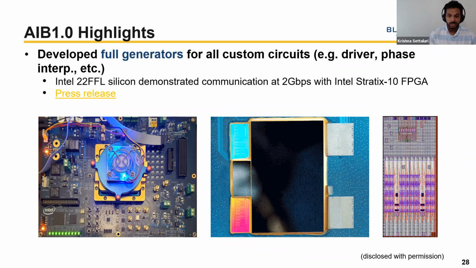And so we actually had silicon proven results on Intel 22FFL technology last year, where we demonstrated communication at 2 gigabits per second with the Stratix 10 FPGA. Here we actually had the PHYs talking through the EMIB interposer to the Stratix 10 and vice versa. And there's actually further information on that in the press release as well. Next slide.